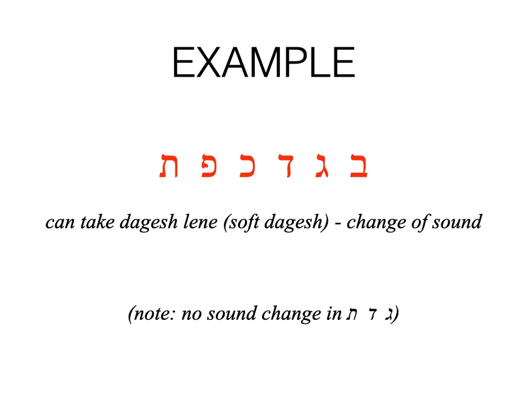Begat Kefat. Now all of these letters, theoretically speaking, change the sound from hard to soft. But only in really three of them do we actually hear it. So from B to V, from K to Ch, and from P to F. Those are very clear.